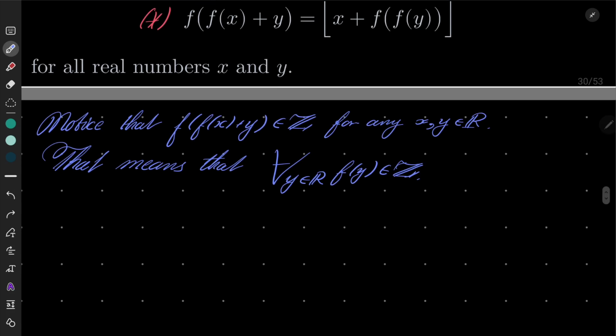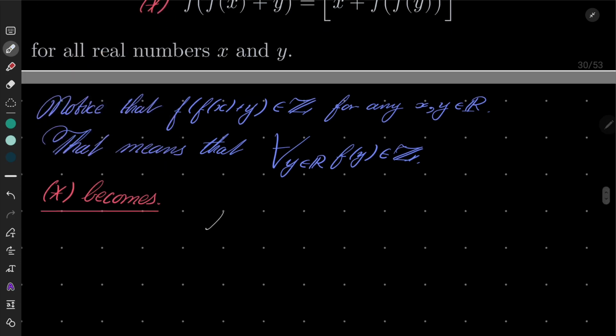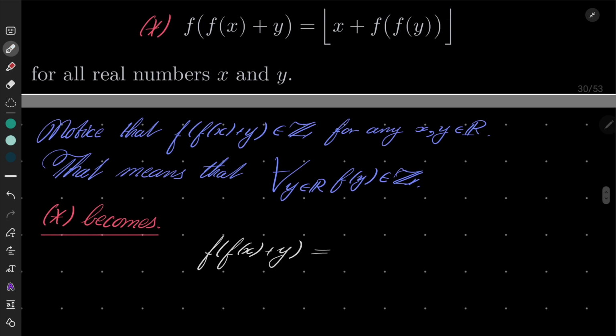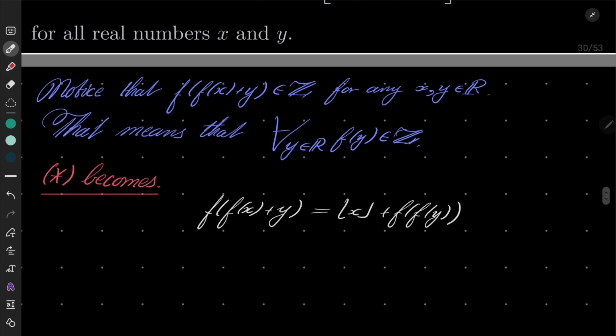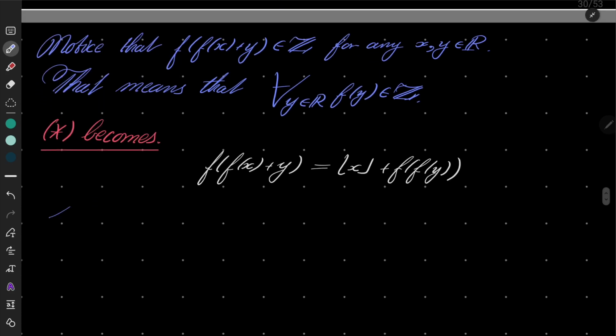And now, what I wish to do now? Well, after noticing that, asterisk becomes the following. f of x plus y equals, and now we know that this number is an integer, so it's just floor of x plus f of y. Very well. Now let's set y to be 0. What do we have?